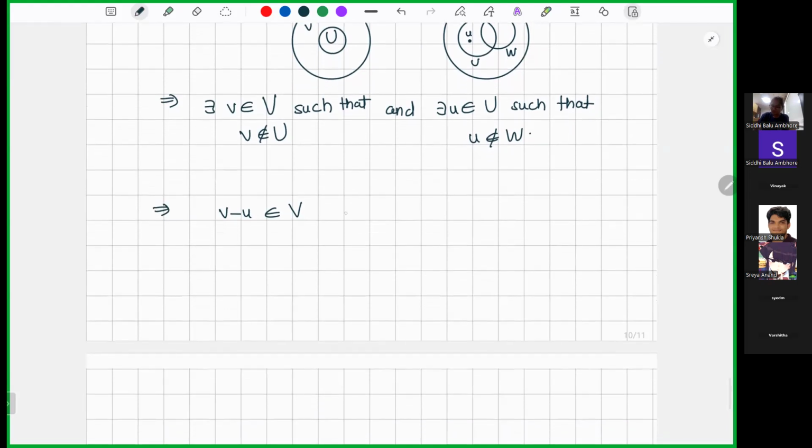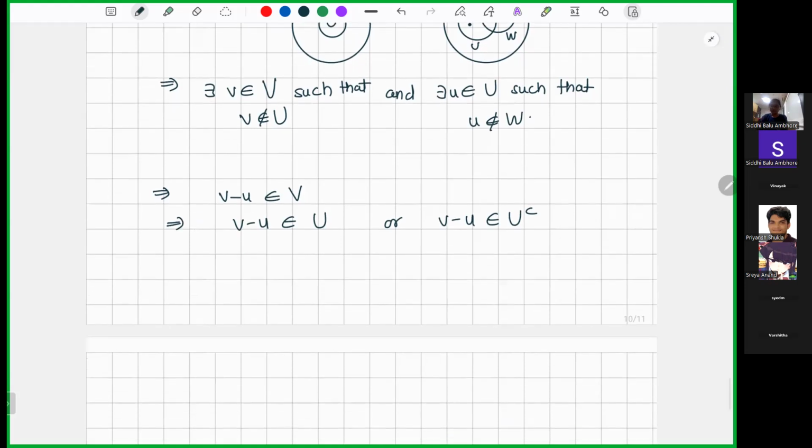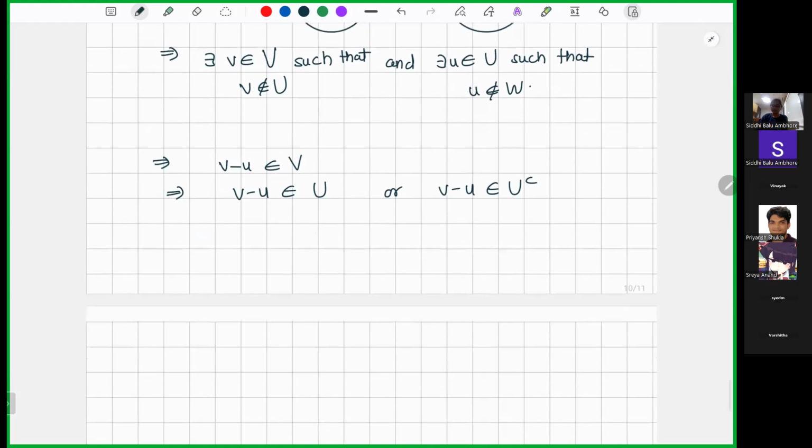So this implies this v minus u either belongs to U or this v minus u belongs to U complement, right? If a point belongs to a set, this has to be there. Given a point, it must be either in U or in U complement. There is no other possibility for a given point of set V.